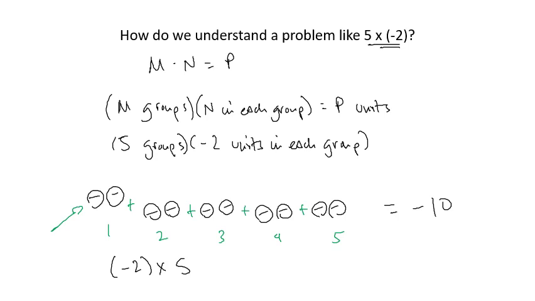So this is our issue. How do we get to where we can look at a problem like negative 2 times 5, or even negative 2 times negative 5, and have it make some degree of sense in something other than memorizing that a negative times a negative is a positive, or that same sign makes positive, different sign makes negative, or just learning math by fiat?